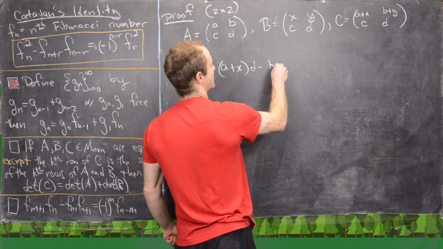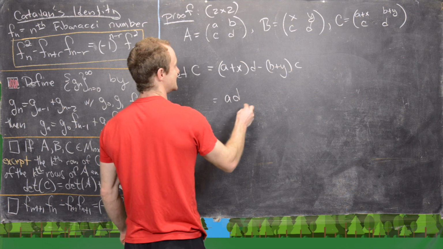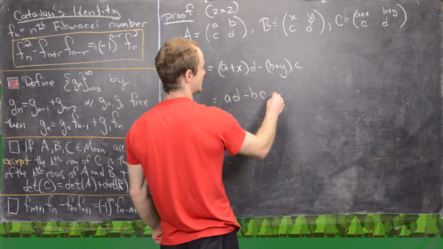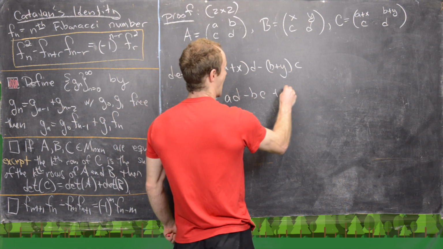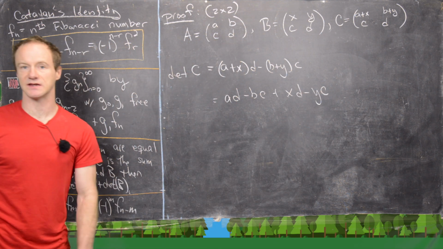So notice that's going to be AD minus BC plus XD minus YC. So that's pretty easy to see.